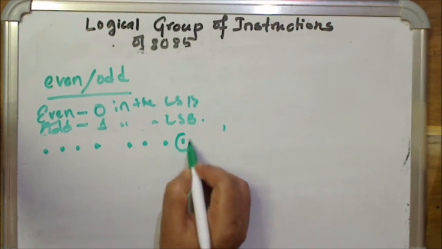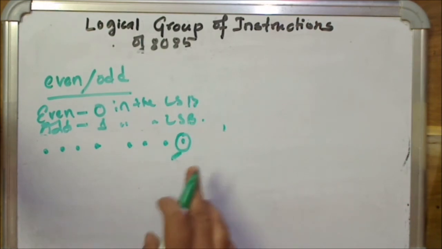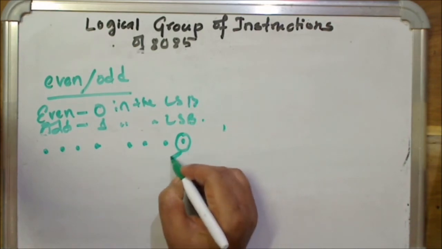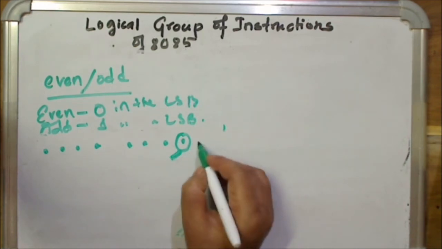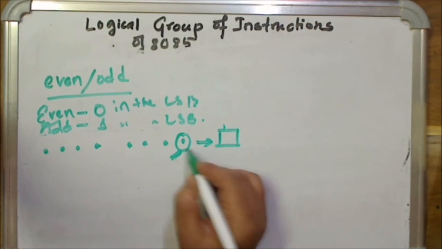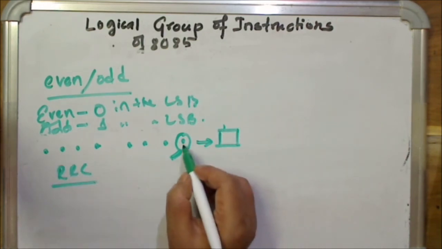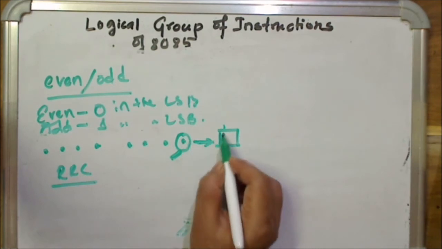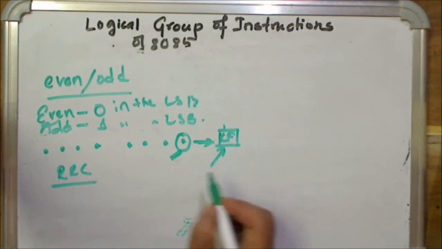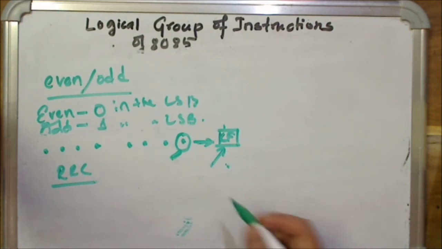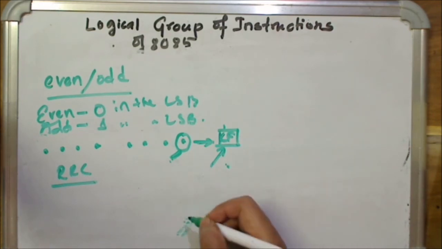You have to check this LSB. So you shift this position, you use RRC. If you use RRC, this LSB will go to the carry flag, and then in the second instruction, if you check the status of the carry flag, you can easily understand whether the number was odd or even.